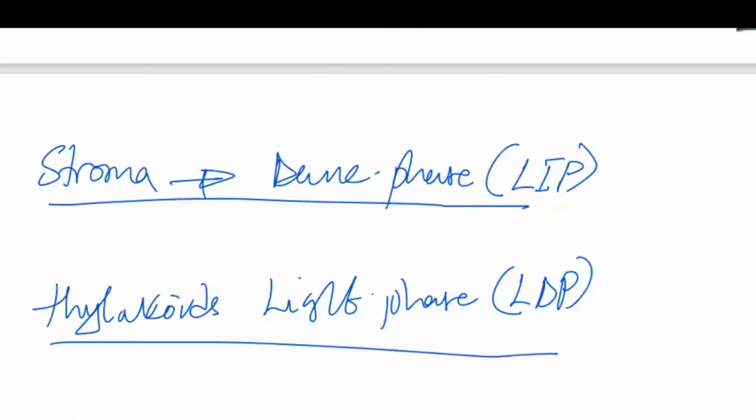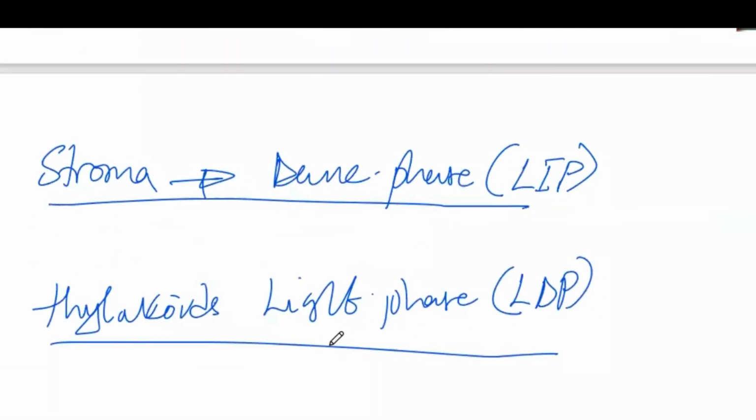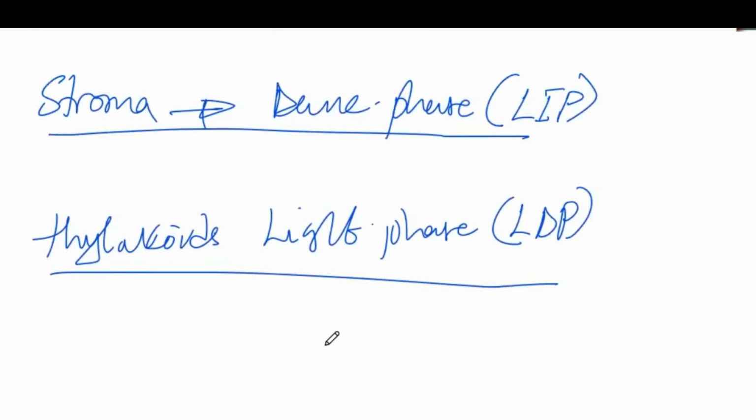When the dark phase and light phase are complete, you will have what you call carbohydrate. But carbohydrate does not just come like that.